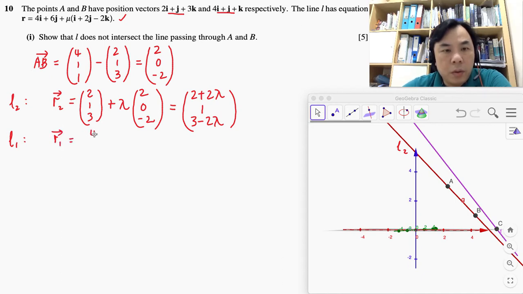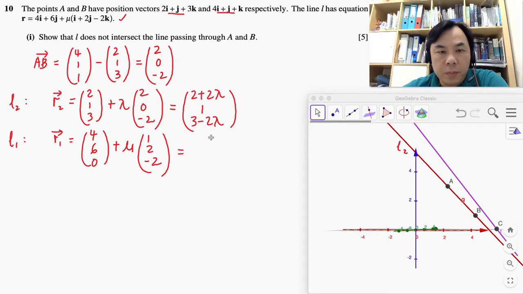Line 1 is 4, 6, and 0 plus the parameter mu times 1, 2, and negative 2. We can also write this in compact form, which is 4 plus mu, then 6 plus 2 mu, and then negative 2 mu.